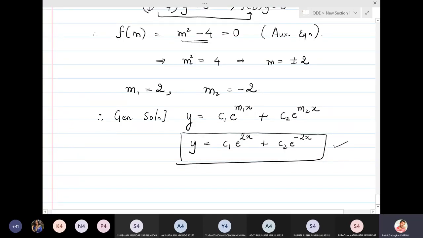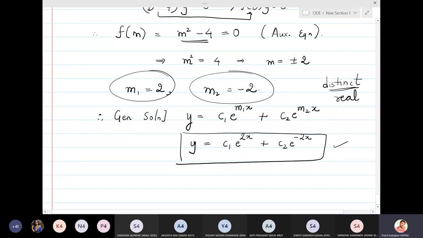What is the speciality in the roots? That the roots are different. In mathematics, you don't say different, you say distinct. The roots must be distinct, and not only that, the roots must be real. It may happen that when you take the auxiliary equation m square minus 4 equals 0, you may get repeated roots. Then this particular solution will not work.